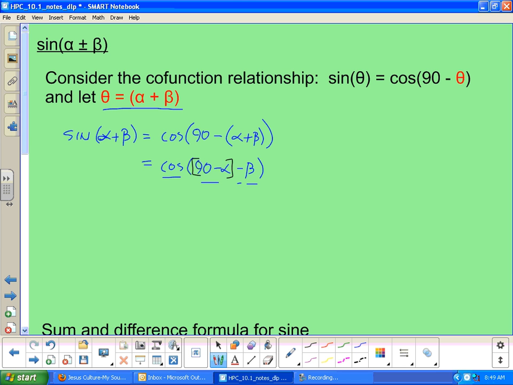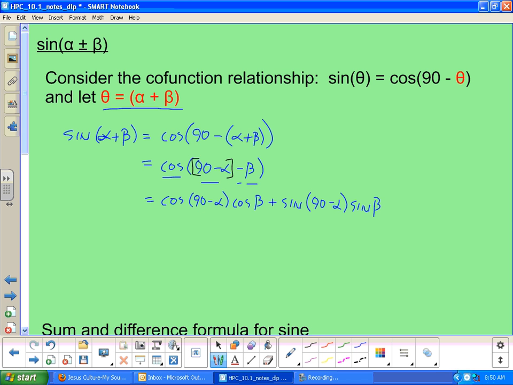Then I have a situation where I have a cosine of some angle minus another angle. And we just learned from our previous example that a cosine of an angle minus another angle is the setup of cosine of that first angle times the cosine of the beta plus sine of that first angle, sine of the beta.